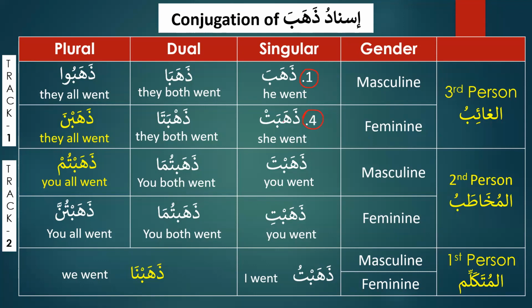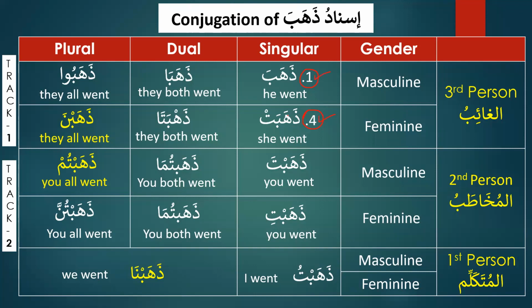Yes, any ideas? Because we are learning the verbal sentence, and we know that the verbal sentence, when the doer is masculine, always starts with the third person singular. For example, ذهب الطالب, and if the doer is feminine, so we will say ذهبت الطالبة. So the verbal sentence will start either with number 1 or it will start with number 4.